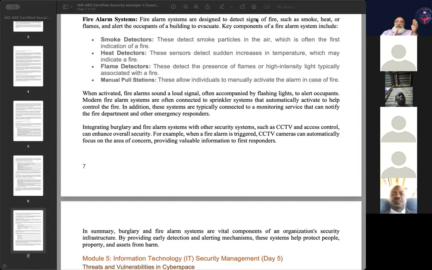So what happens, if smoke goes in these areas and cuts this communication of the specific beam, you have alarm. And it gives you a very long coverage.